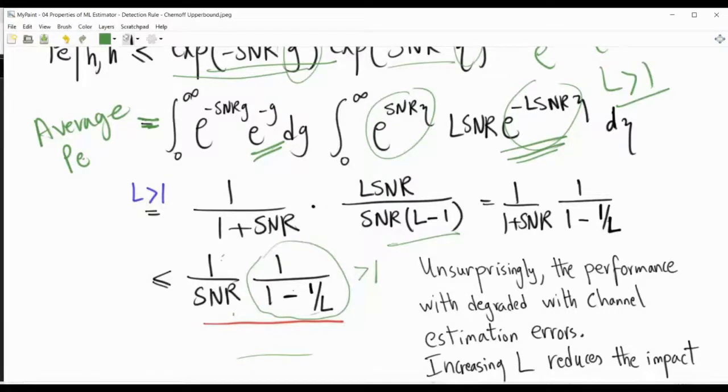Because to increase L, it's not a math problem, it's not just put L equals 3, put L equals 4. No, physically what you do is that you transmit pilots. You transmit more of them in a single data packet, then you are basically reducing the amount of information symbols. Okay, so you need a balance.